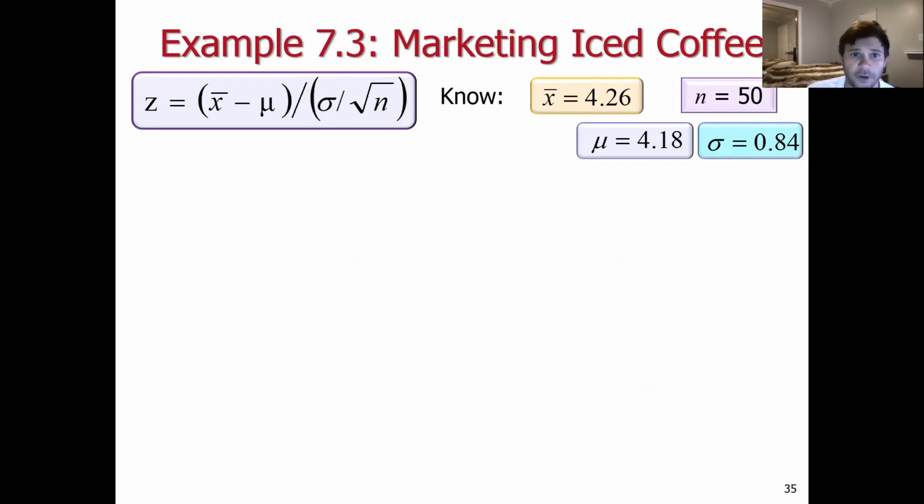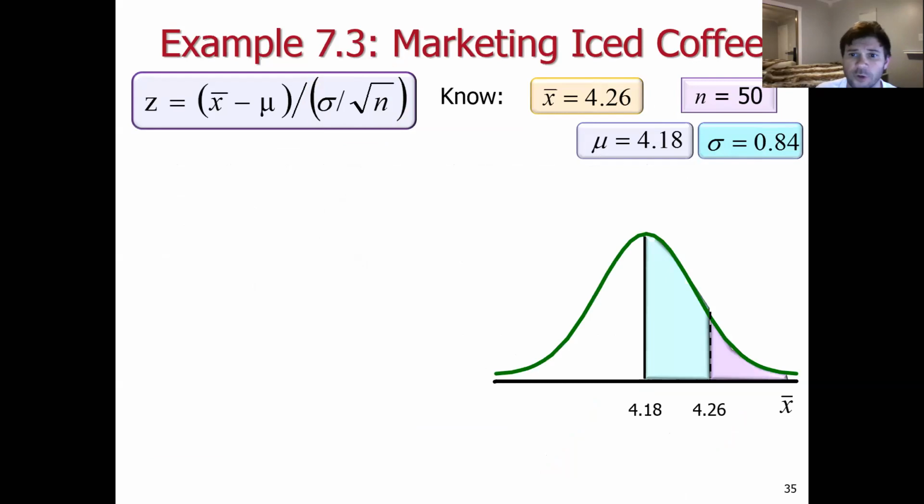Okay, so the approach is going to be very, very similar, right? Assuming that population was normal, our sampling distribution is normal, so we can go ahead and use that standard normal table, and we're going to convert our X value into a Z value. Okay, so we can go ahead, we can demean it, take 4.26 minus 4.18, and we're going to divide that by the standard error here, which is 0.84 over root 50.